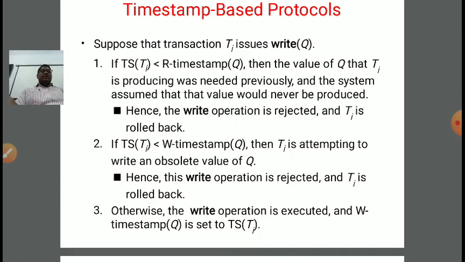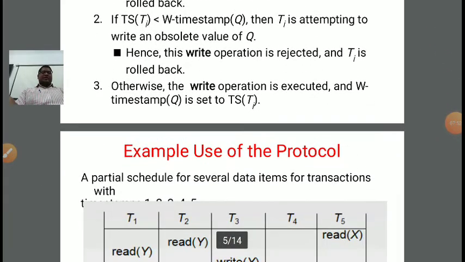Hence this write operation is rejected and we need to roll back the transaction Ti. Or if neither possibility is happening, then third, otherwise the write operation is executed and the write timestamp on data item Q is set to the timestamp of the transaction Ti.